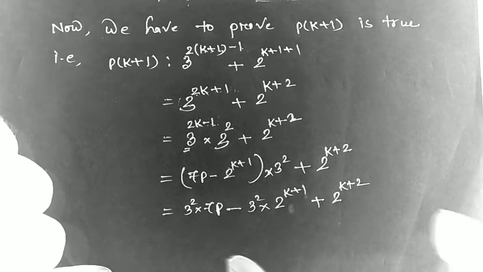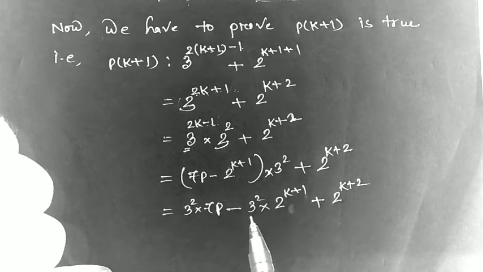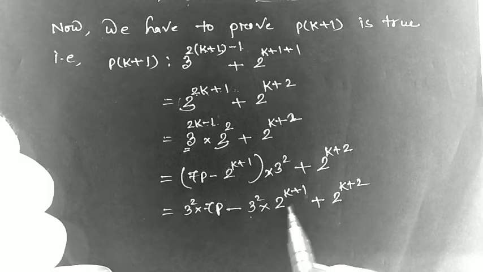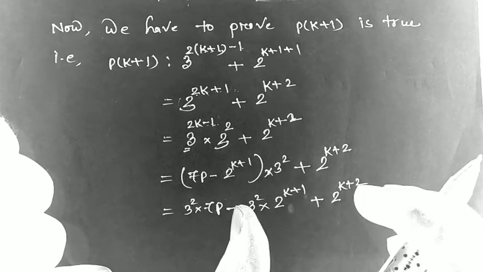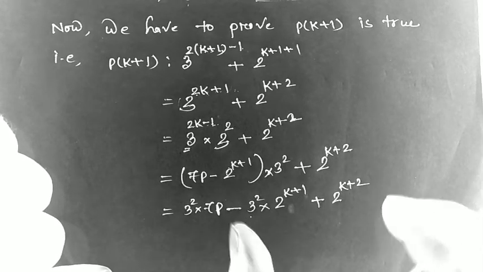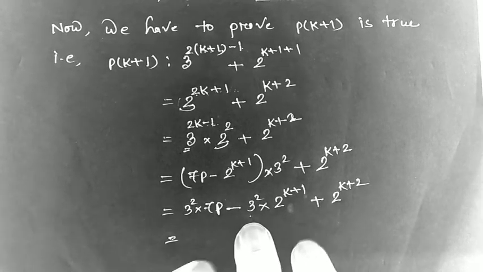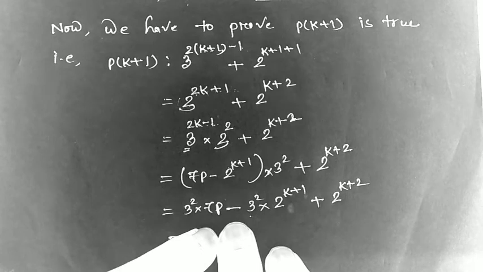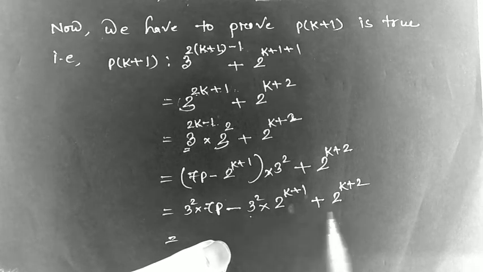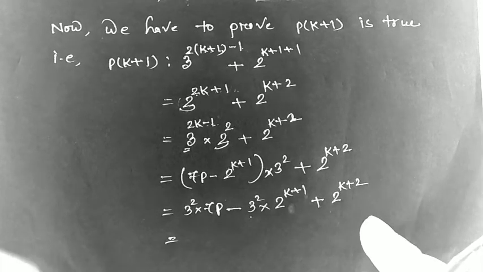You will always see in this type of sum, from the next two terms something will be common, and the first term will remain same, so you have to keep it in your mind, so that in this step after breaking the brackets you will see that in these two terms something will be common.